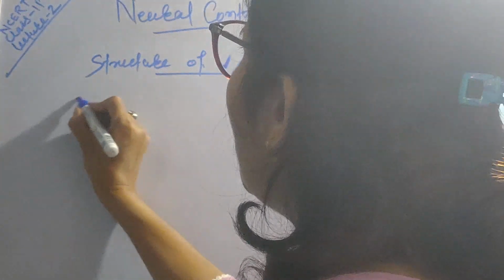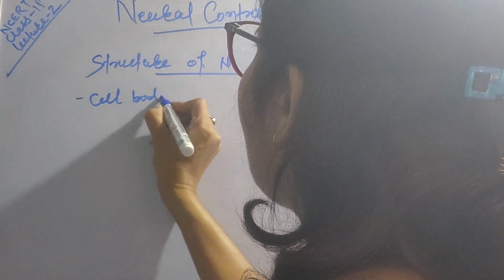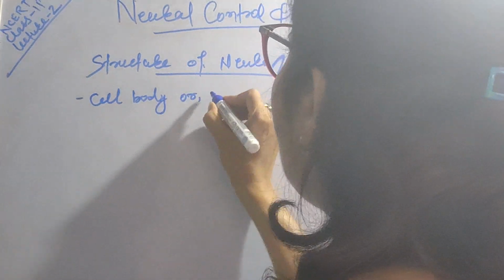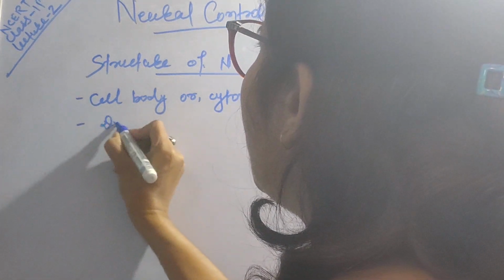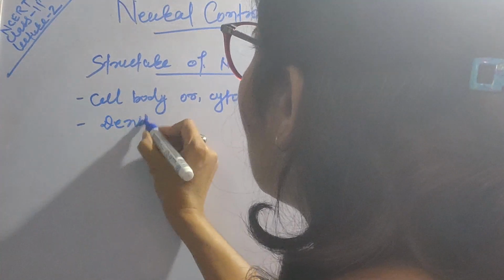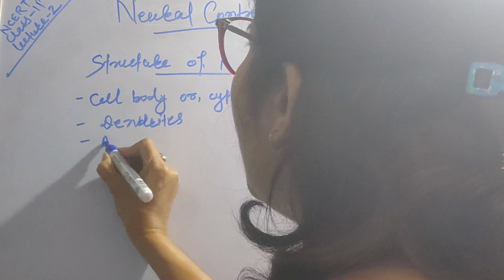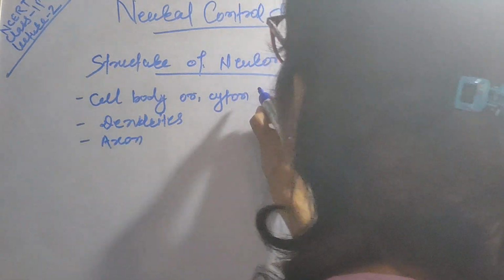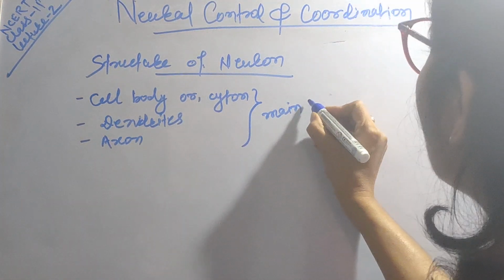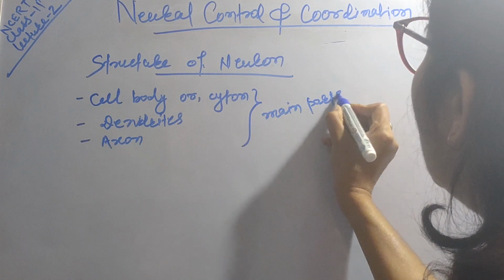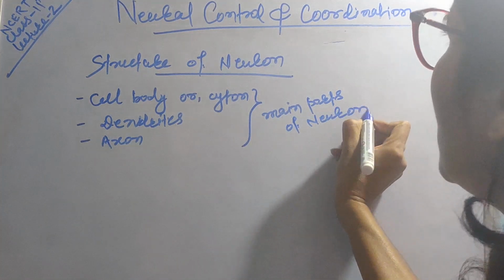It consists of mainly three parts, that is the cell body or cytosol, dendrites, and axon. These are the main parts of a neuron.